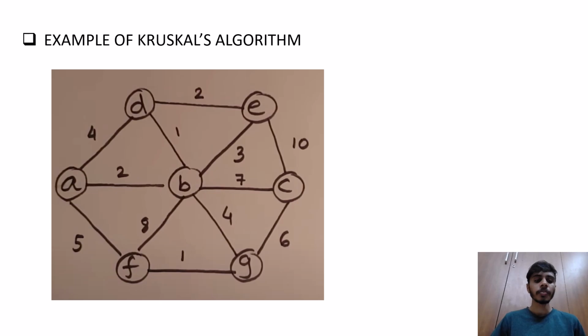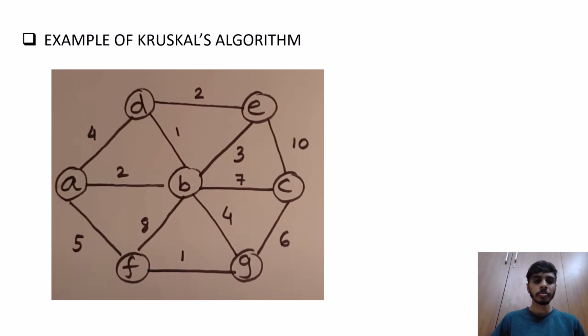Now I go to 4. This 4 also cannot be included, because that will create a cycle.